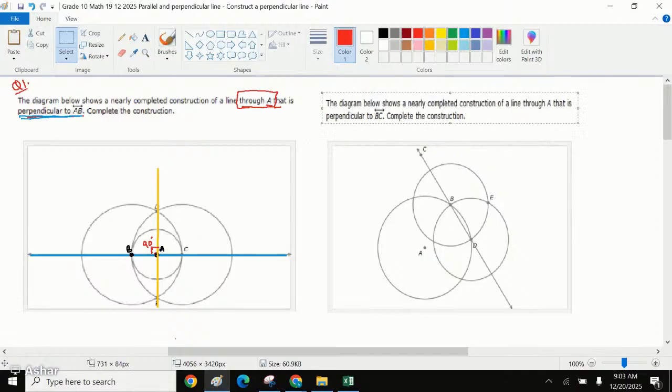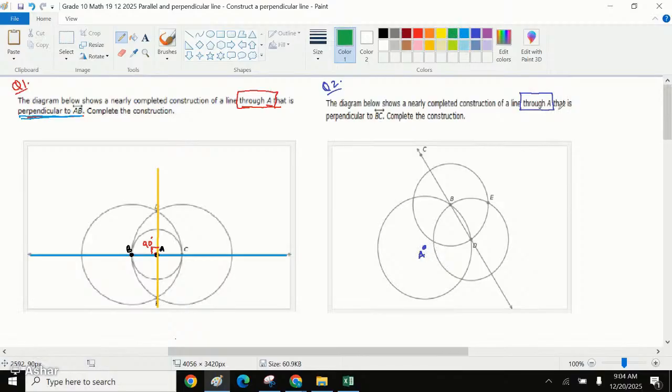In question number 2, it says the diagram below shows a nearly completed construction, right? They have drawn several lines on this. We need the construction of a line through A. The line is passing through A. This is point A over here, right?